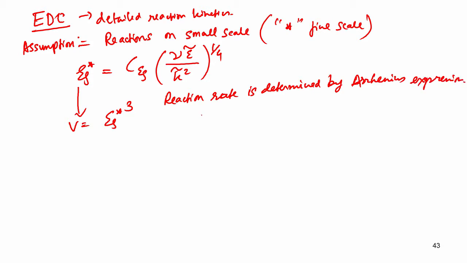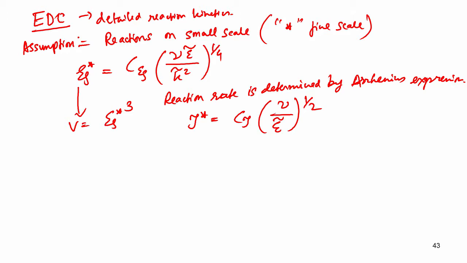And the time scale, that is up to how much time the reaction will proceed, is given by tau star equal to C tau, which is a model constant, times (nu by epsilon) to the power of half, okay. So this is the time scale for the reaction.